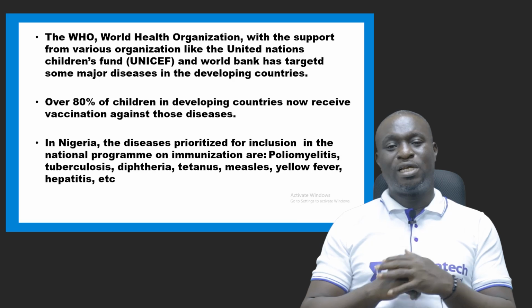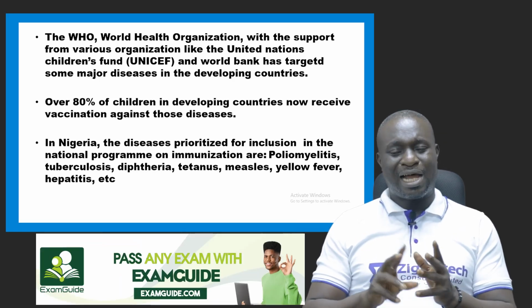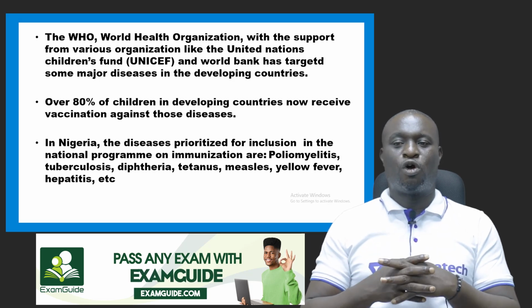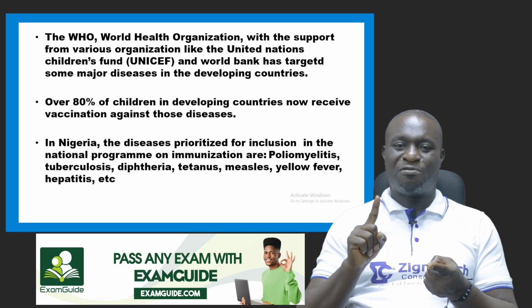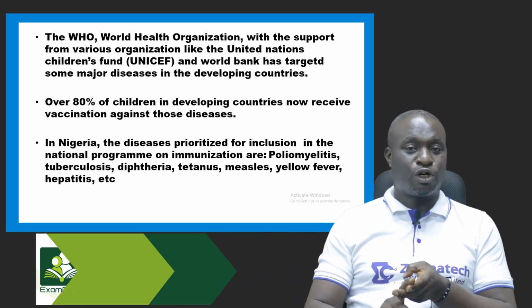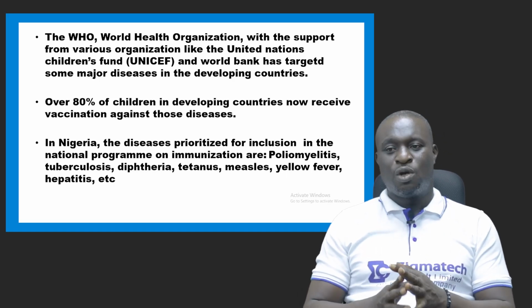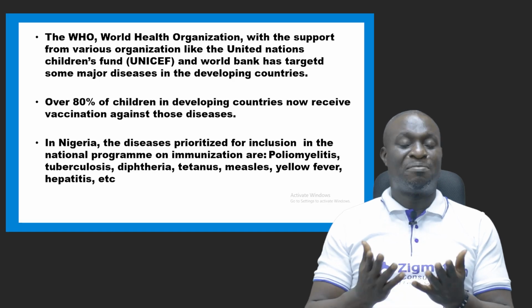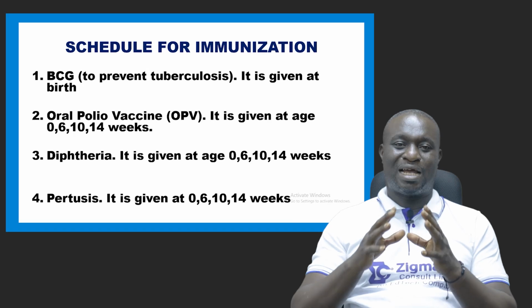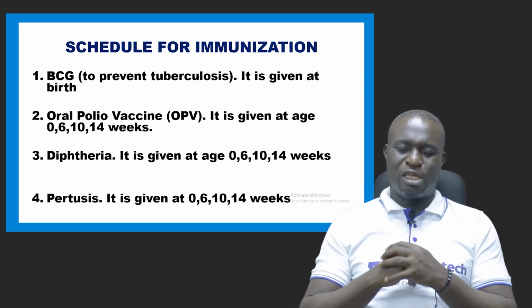For example, in Nigeria, the diseases prioritized for inclusion in the National Program on Immunization are poliomyelitis, tuberculosis, diphtheria, tetanus, measles, yellow fever, and hepatitis. These are some of the diseases that have been termed priority in terms of immunization.